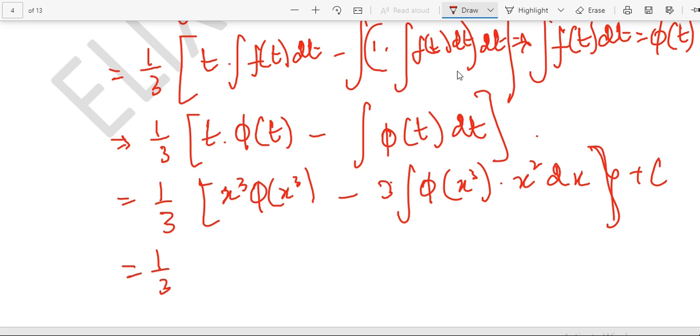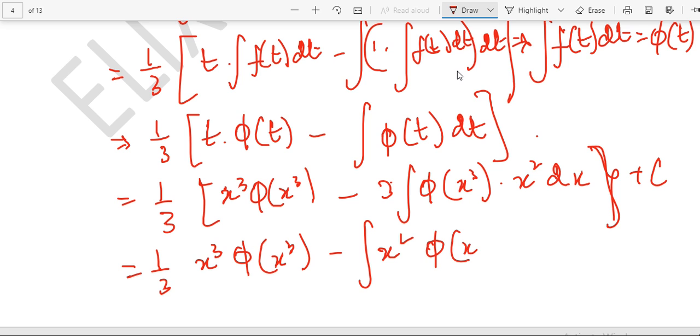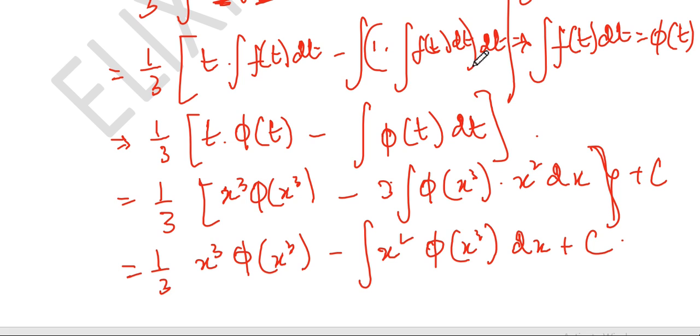So we have 1 by 3 x cube phi of x cube minus integration x square phi of x cube dx plus c.